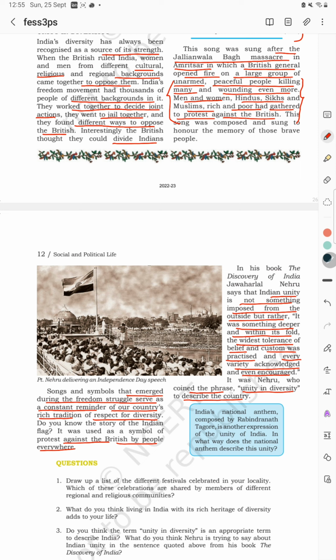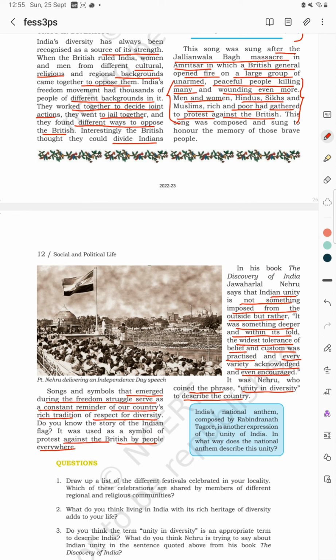So this was all in this chapter. Basically, in this chapter, we tried to understand what diversity is. We can see people around us who speak different languages, who have different regional backgrounds, different religious backgrounds, different cultural backgrounds, but despite being so diverse, they are united.